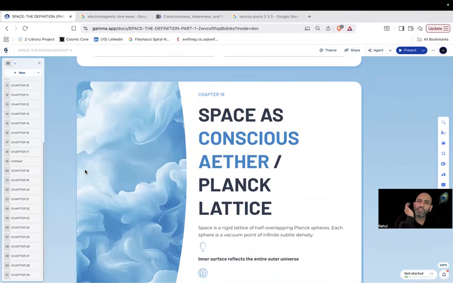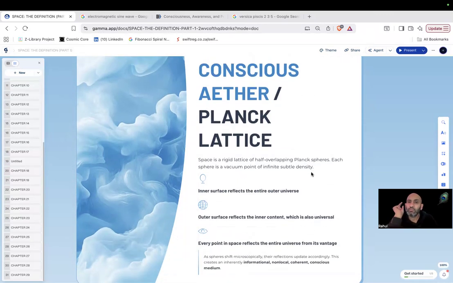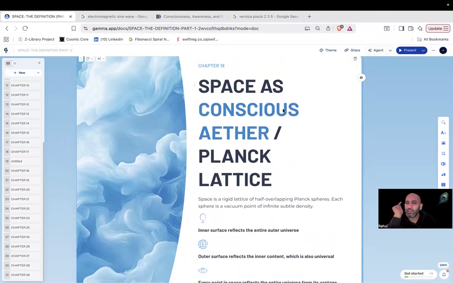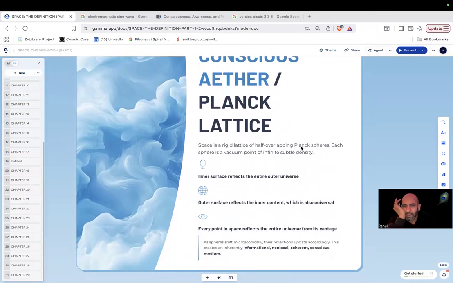Space as conscious ether. Yeah, so in this model of mine, we have awareness, consciousness, at a Planck level.